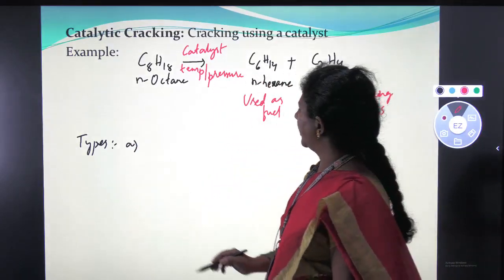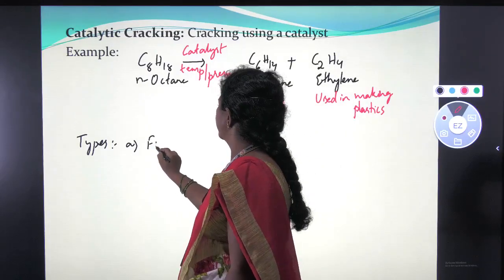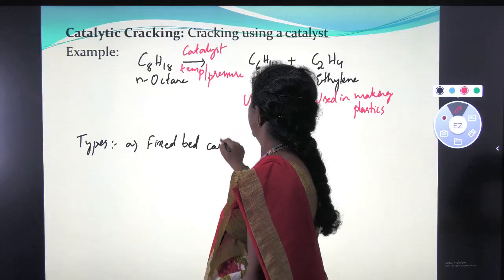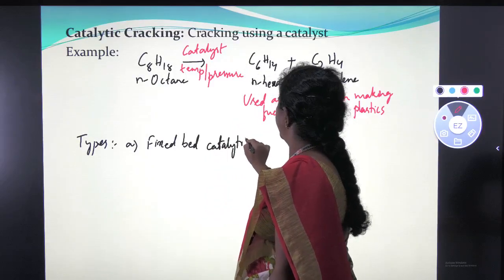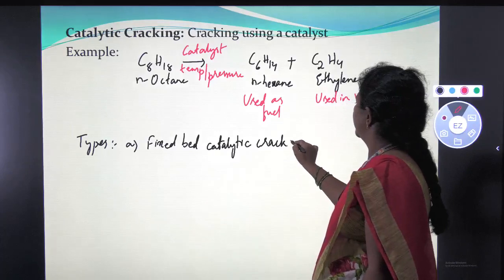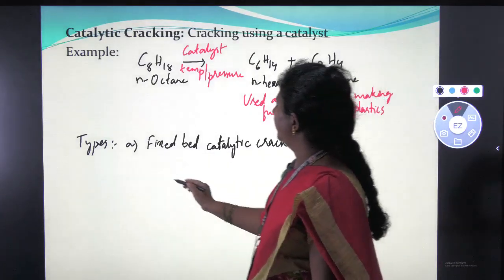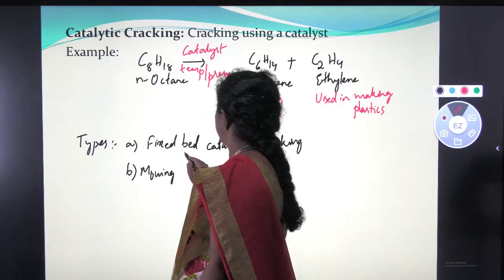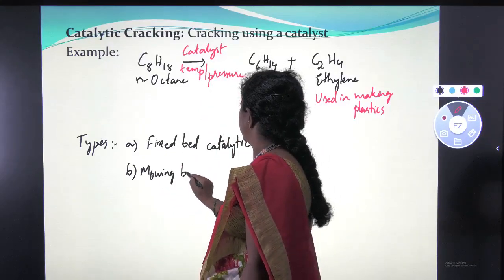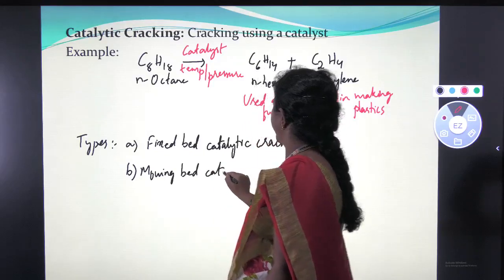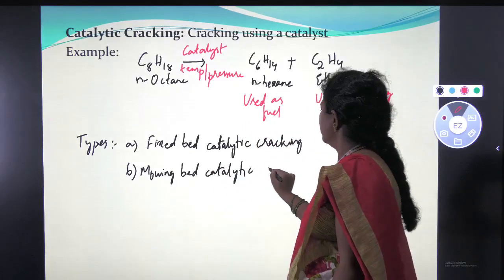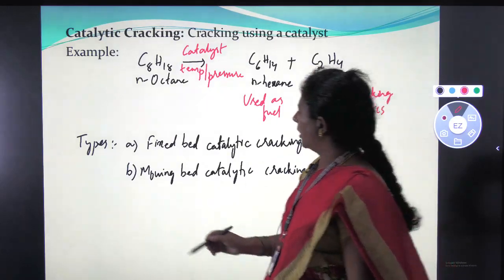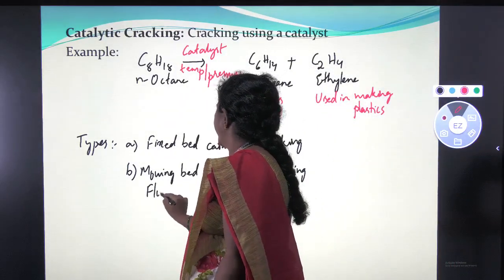The first way of catalytic cracking is called fixed bed catalytic cracking, and the second method is called moving bed catalytic cracking, or this can also be called fluidized catalytic cracking.